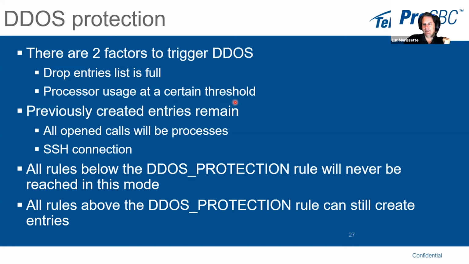If you have SNMP, you will have a trap that will tell you there's a DDoS attack in the system. You see it in the status, and you see it as an SNMP trap or SNMP get.